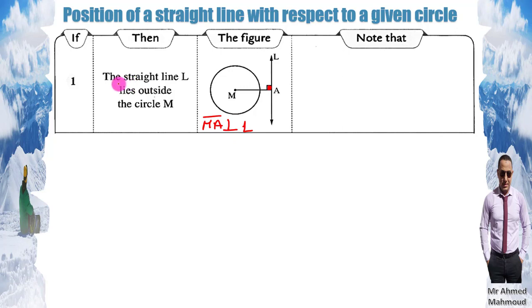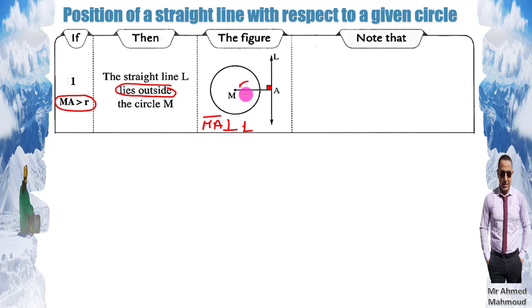Here, the straight line L is outside the circle. So what is the relation between MA and r? Here, the distance MA is greater than r, because the straight line is outside the circle.